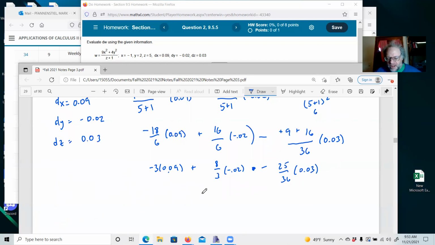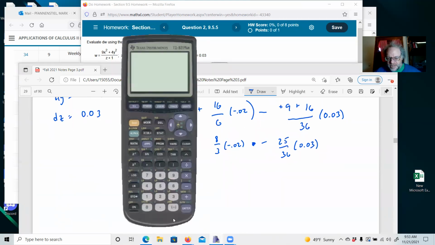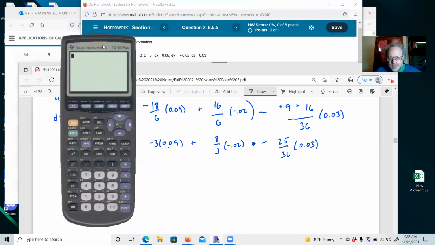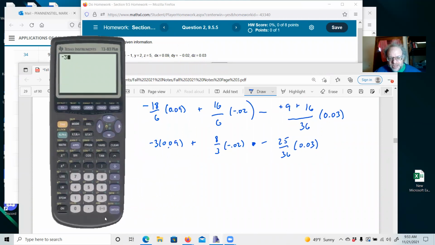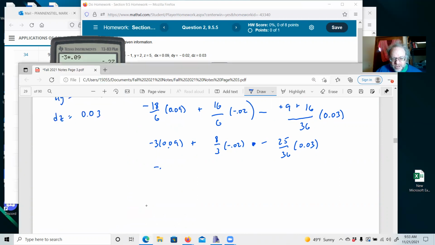Now it's time for the calculator. We have -3, make sure you use the right negative, times 0.09. So we could write down -0.27 there.